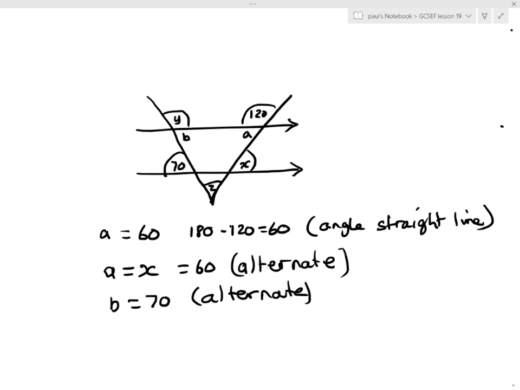Now, so we've got that 70, and Y will equal 180 minus 70, which equals 110, and that is straight line again.